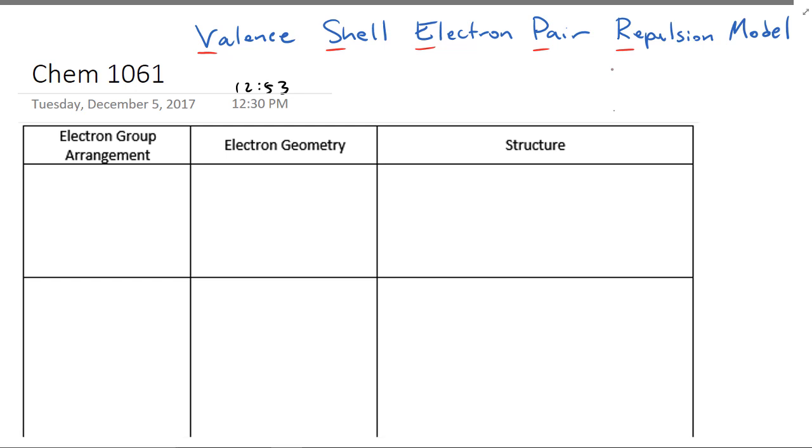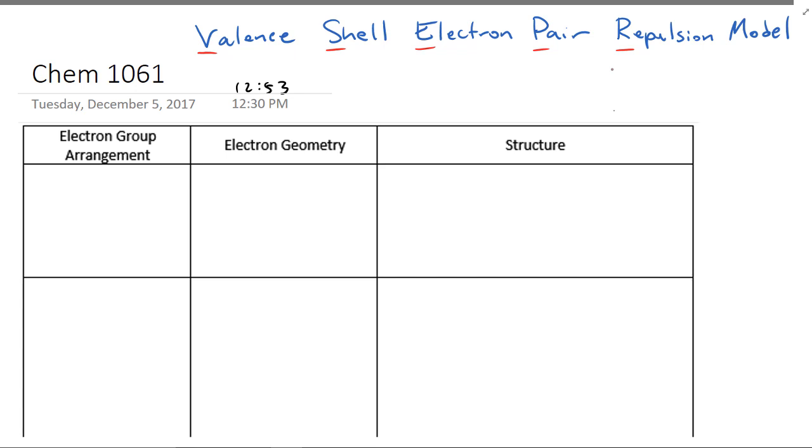Even though it doesn't quite work out that way, we refer to it as the VSEPR model. And the VSEPR model is this. First of all, it is exactly what it says it is. These are going to involve pairs of electrons that exist in the valence shell.